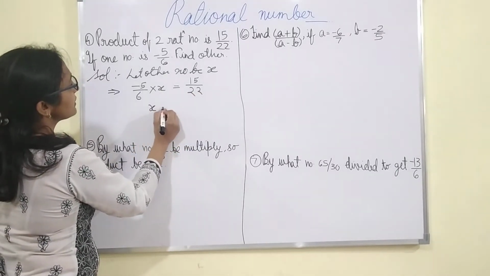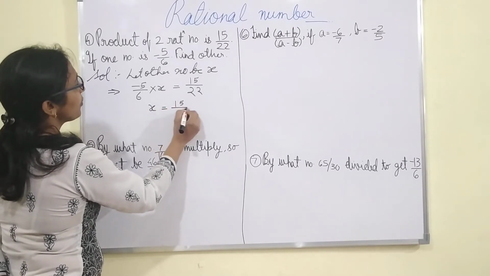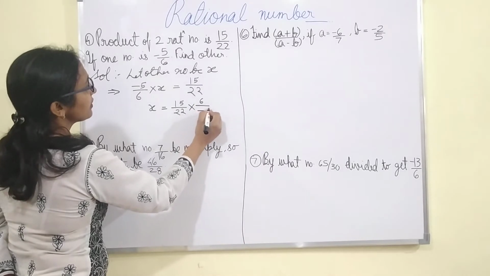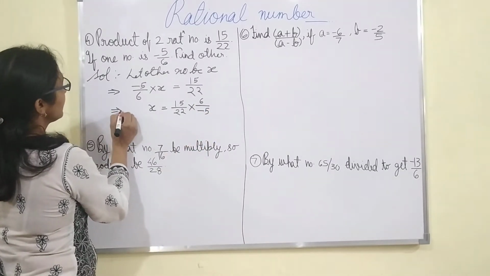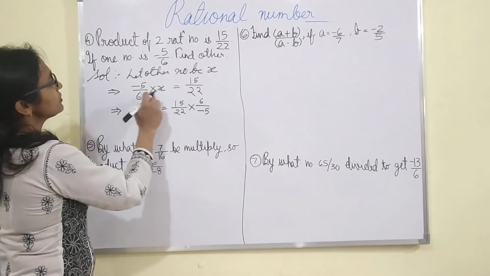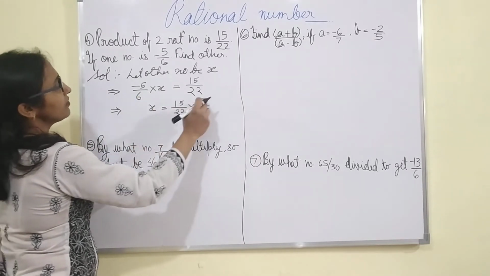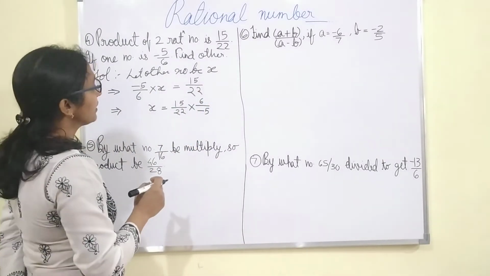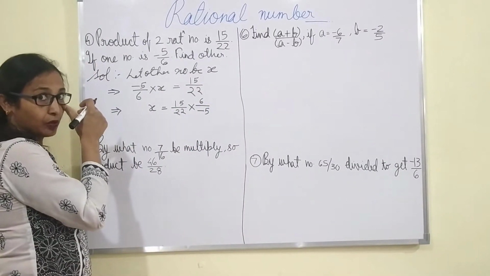So x equals 15 upon 22 into 6 upon minus 5. We are transposing minus 5 upon 6. Since these two are multiplying, it will transfer to the right side and become its reciprocal. Okay.